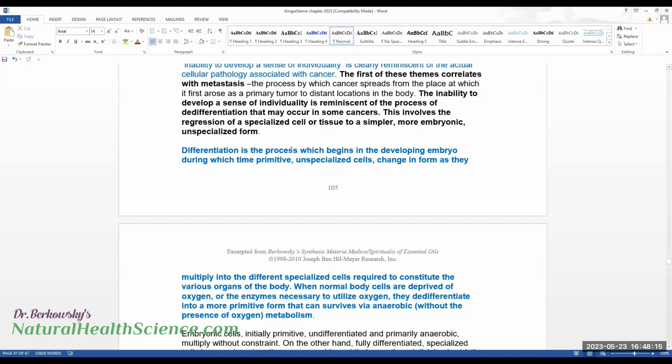Differentiation is the process which begins in the developing embryo, during which time primitive unspecialized cells change in form as they multiply into the different specialized cells required to constitute the various organs of the body. So all these embryonic cells become lung cells and brain cells and heart cells and so forth. That's differentiation.